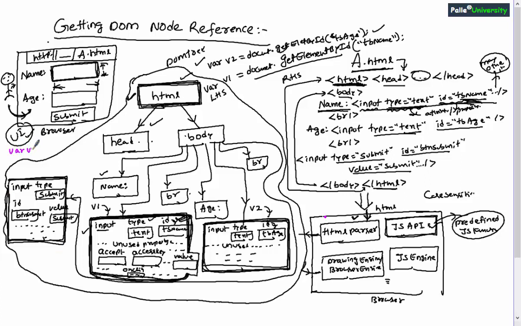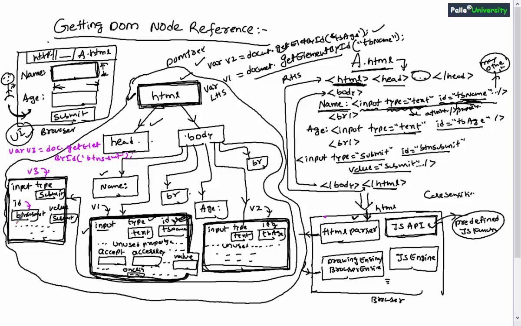Somewhere in the JavaScript you will be writing var v3. There must be a space. You will be writing document dot getElementById. What is the id of the control? btnSubmit. So probably you will be passing btnSubmit, maybe in single quotations or double quotations. Automatically the v3 variable will start pointing to the node. As simple as this. I believe you understood the point.